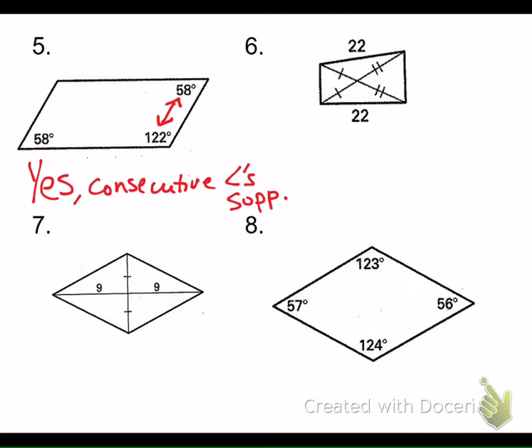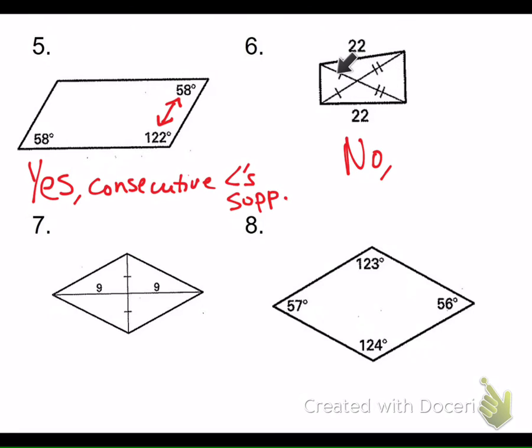Number 6, is that a parallelogram? No, it's not actually. So the reason here, the diagonals, let me use my pointer. These two are congruent, these two are congruent. They need to be along the same diagonal congruent.